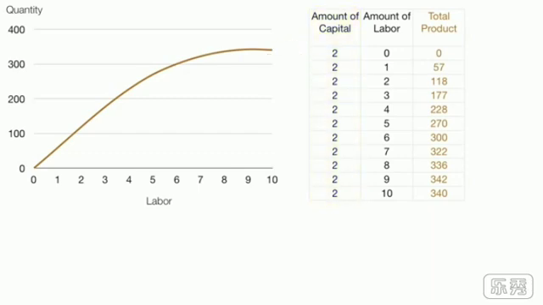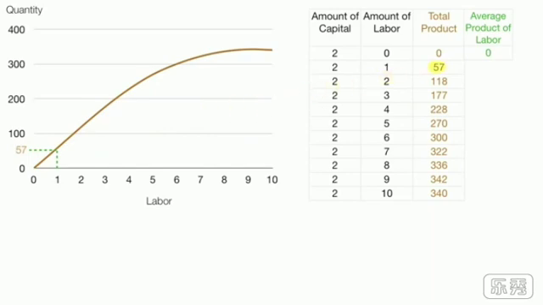Now, if I want to calculate average product of labor, the way I do that, for example, I take 1 labor unit, and that equates to a quantity of 57, or total product of 57.